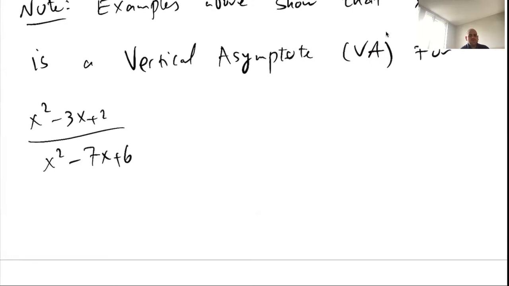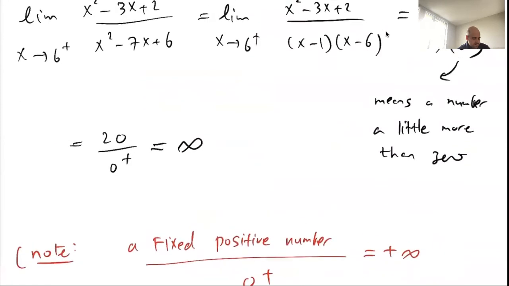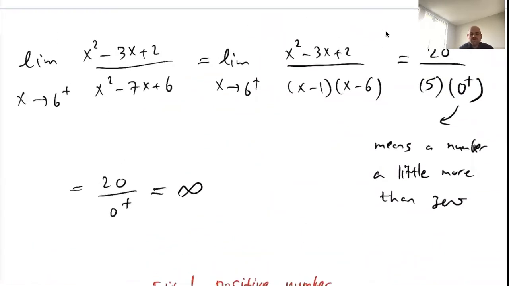Vertical asymptote, we said last time, means a number a such that for the limit of the function at a, either the left limit is infinity or minus infinity, or the right limit is infinity or minus infinity. If at least one of these 4 conditions holds, then we call x equals a a vertical asymptote. Here, the left limit at 6 is minus infinity, the right limit at 6 is infinity. So two of those four conditions hold, and therefore x equals 6 is a vertical asymptote.